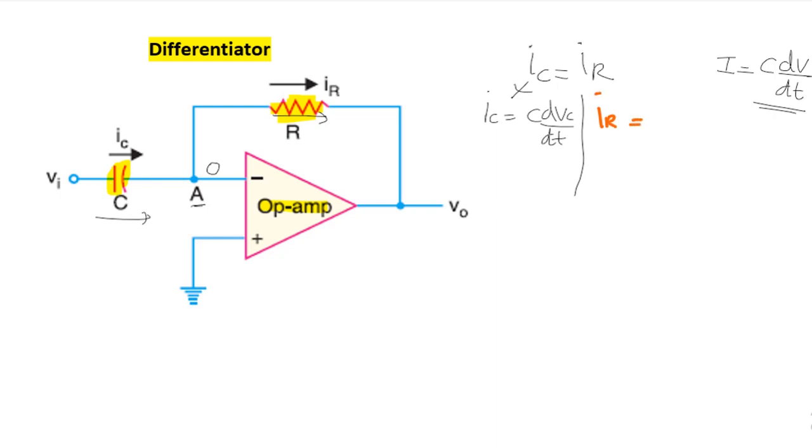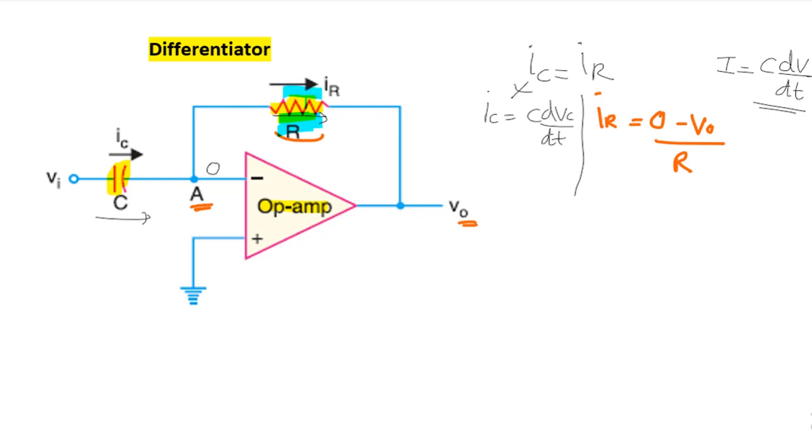IR is equal to the potential at this terminal, that is 0, minus V0 by R. IR is the current through this resistance, and current through this resistance will be voltage across this resistance divided by the value of this resistance.